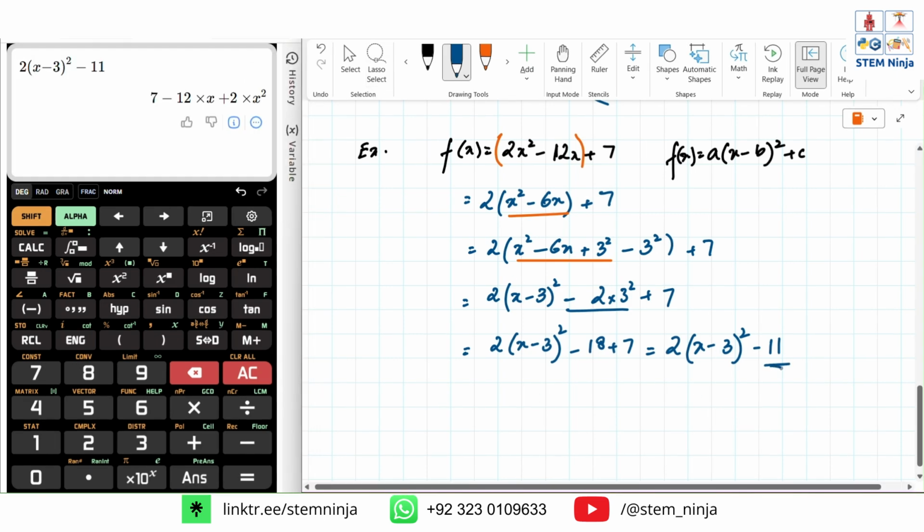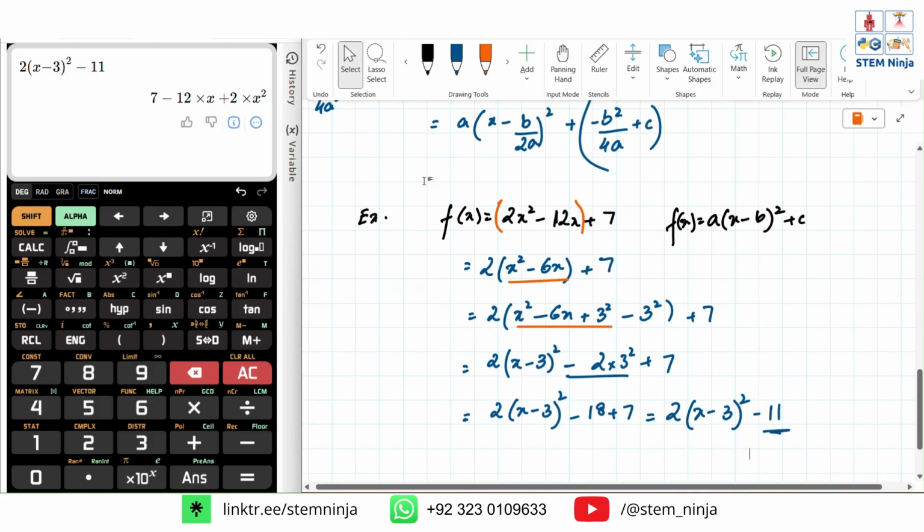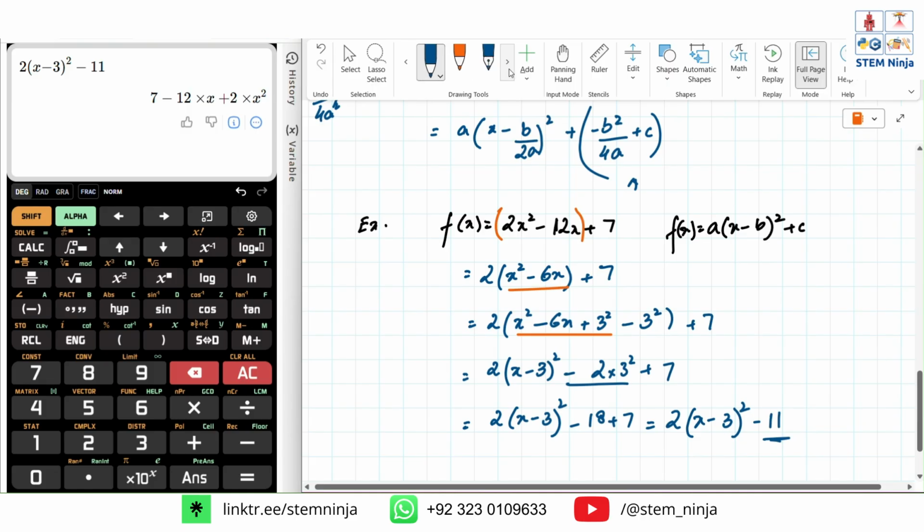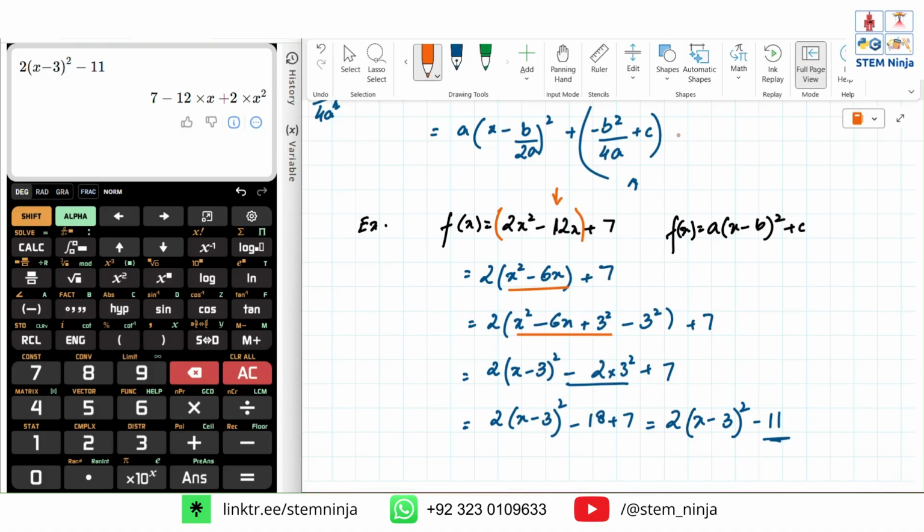Now you can check whether this value conforms to the expression that we had. Let's quickly check that. b was actually minus 12, so b squared would be 144, divided by 4 times 2, plus c, which was 7 over here.